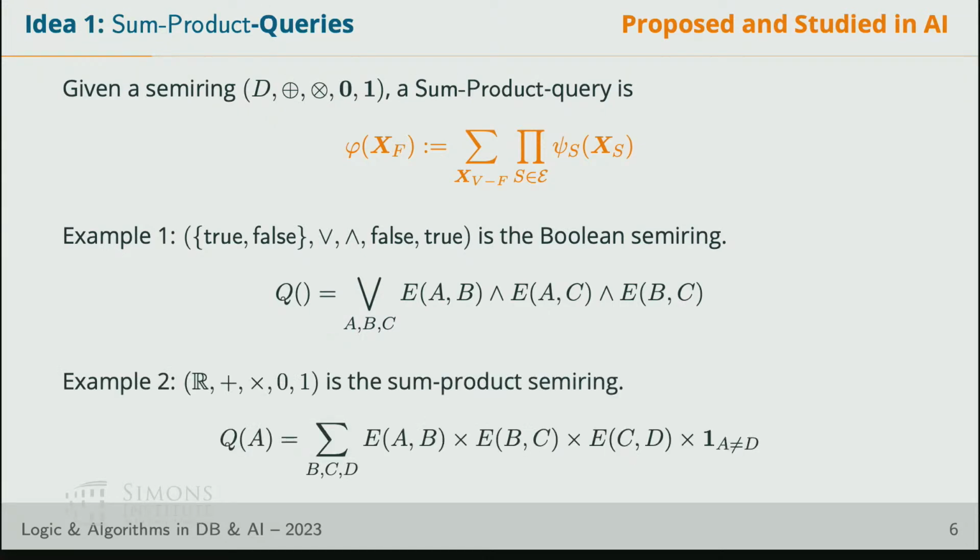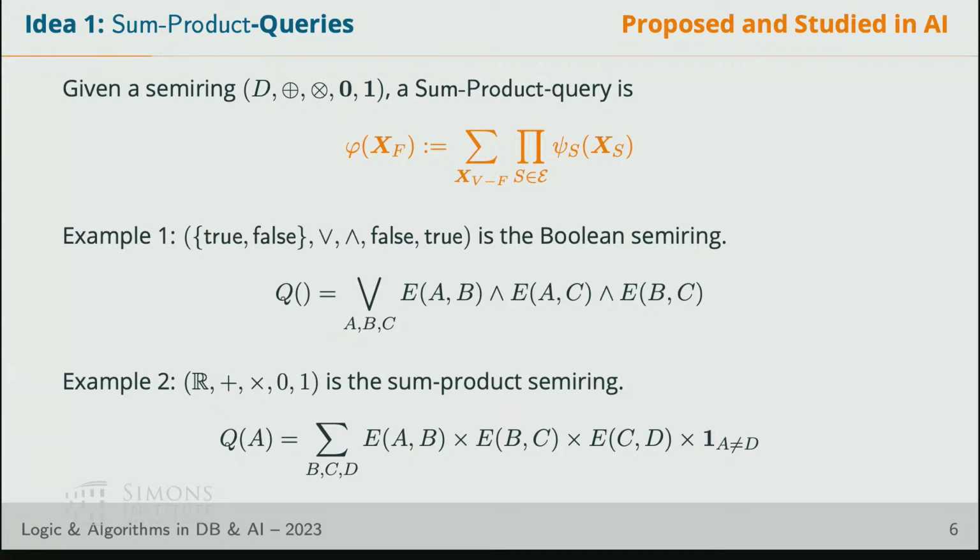Or if we have, let's say, a count query where we want to count the number of paths of length 3 for which the two ends are different. In this case, we think of every edge relation as a function that maps to 0 or 1. If the edge exists, then we map to 1. If it doesn't exist, we map to 0. And so the sum product becomes a count query.